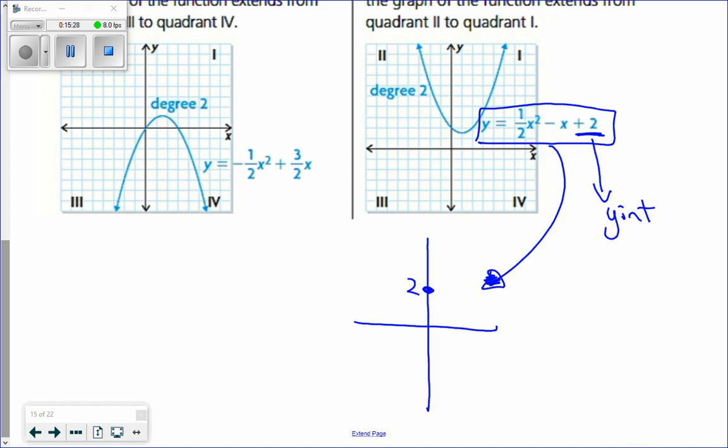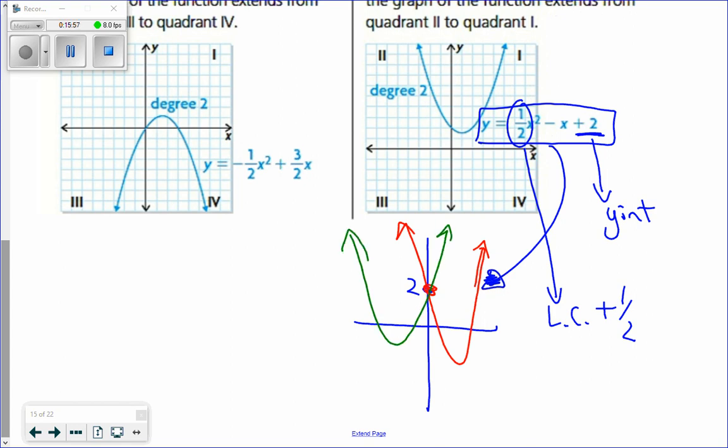We know the leading coefficient is positive a half. So the graph has to finish by going like that. So all I have to do is go whoop, whoop. Now, it could be this, it could be this, it could be this.